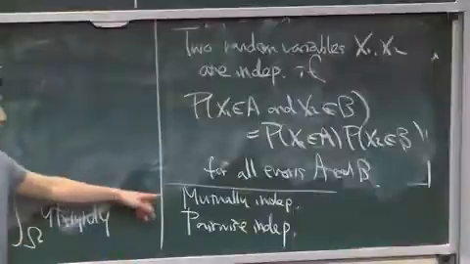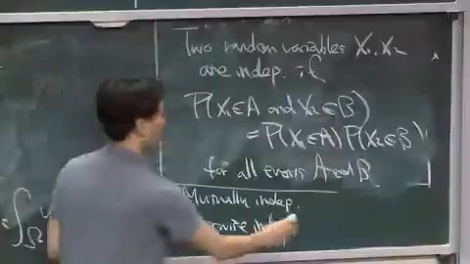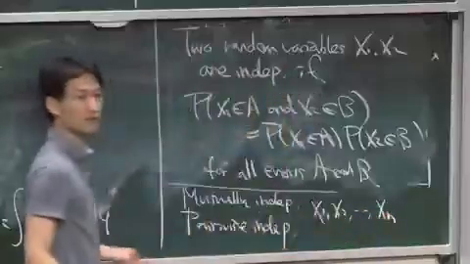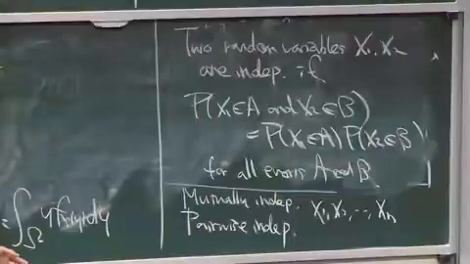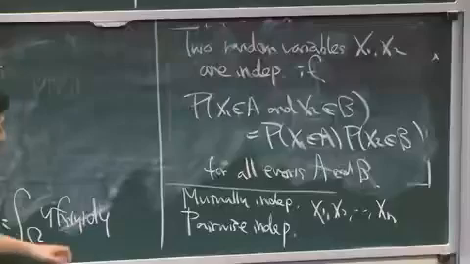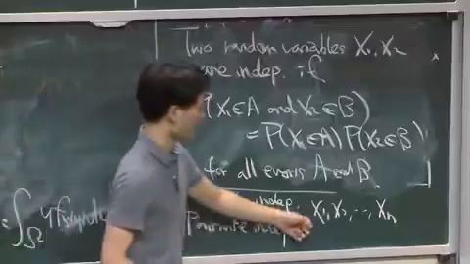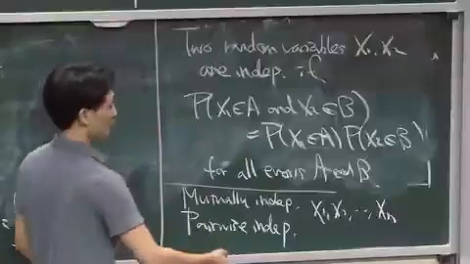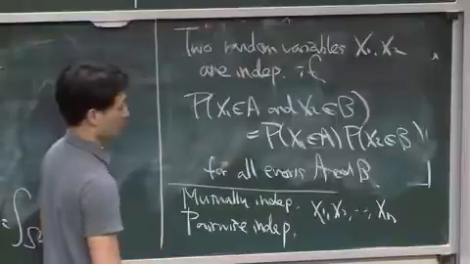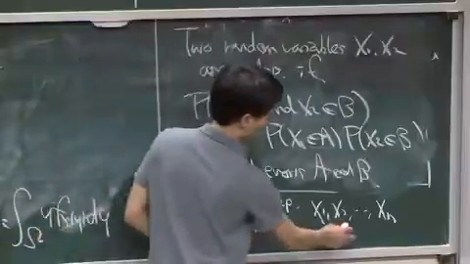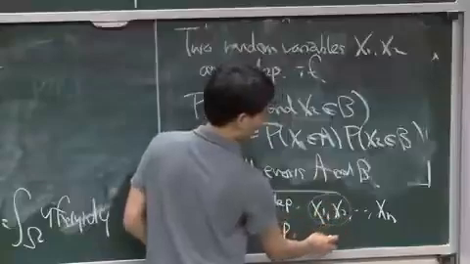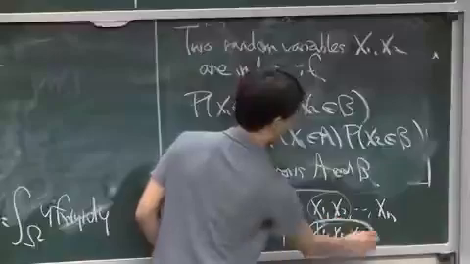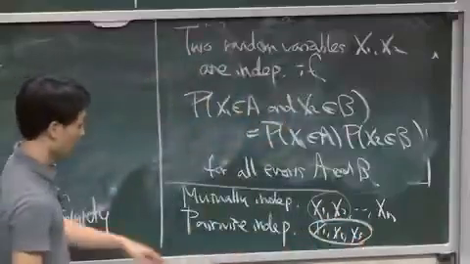Can somebody tell me the difference between these two for several variables, let's say x1 to xn? Yes? So mutually independent means all the random variables are independent, like x1 is independent with every others. But pairwise means x1 and x2 are independent, but x1, x2, and x3, they may not be independent. Okay, maybe. Yeah, so that's good.